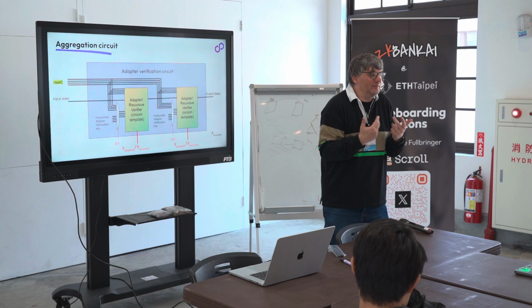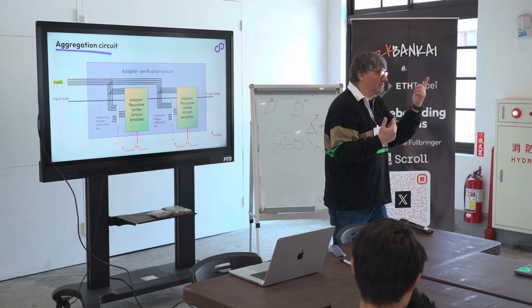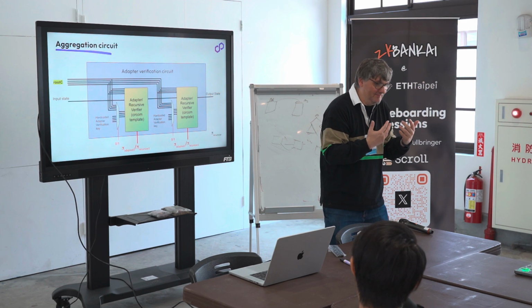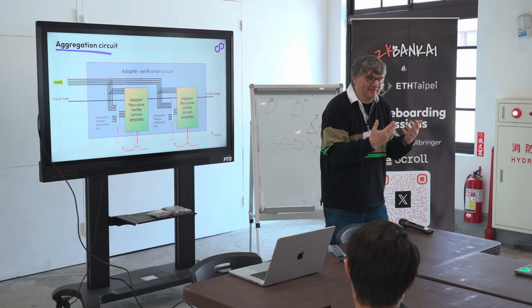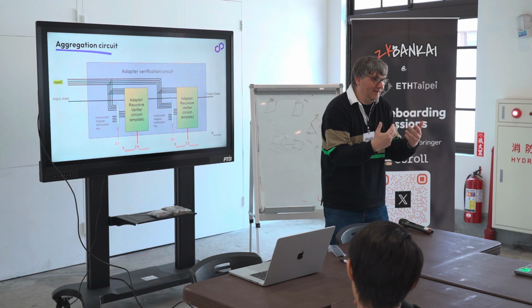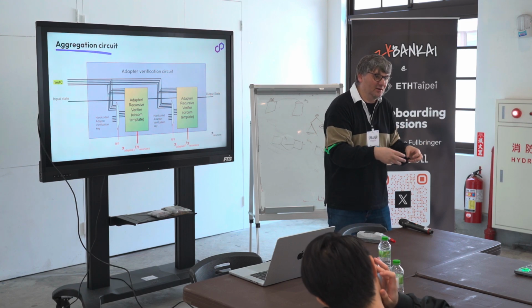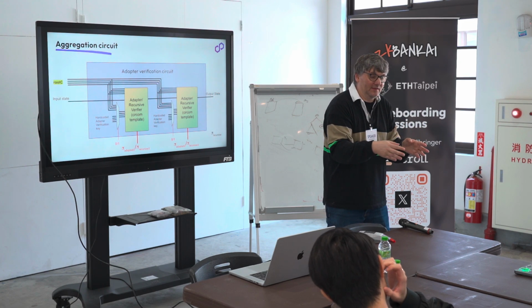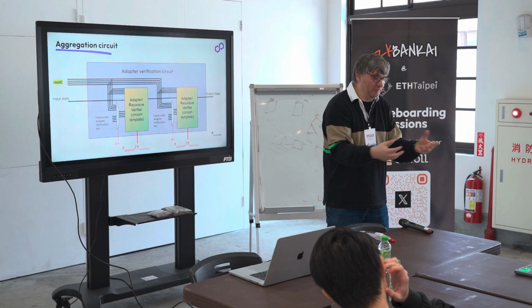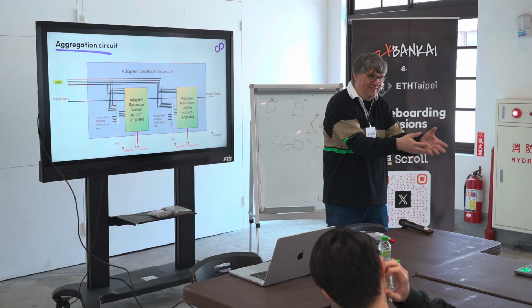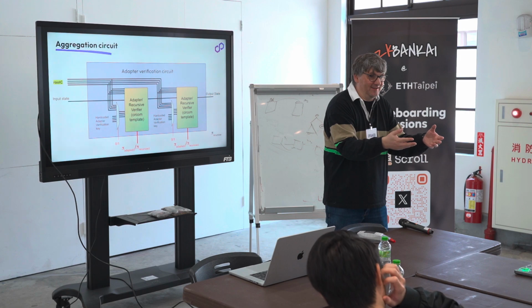When we are aggregating, we are aggregating as they come. If I have 2 proofs, I just launch a worker to aggregate these 2 proofs. Another proof comes, and if I have 2 proofs to aggregate, I send a worker.